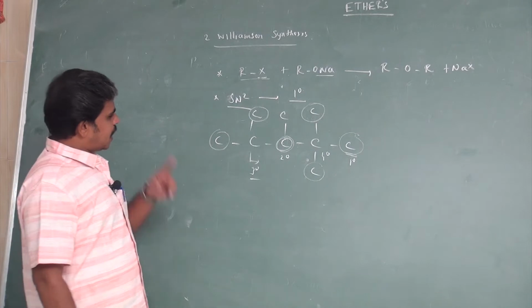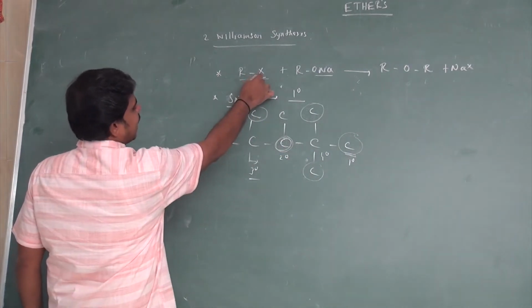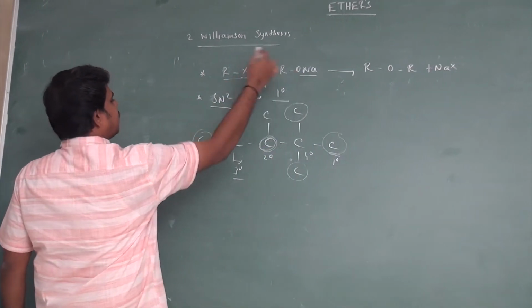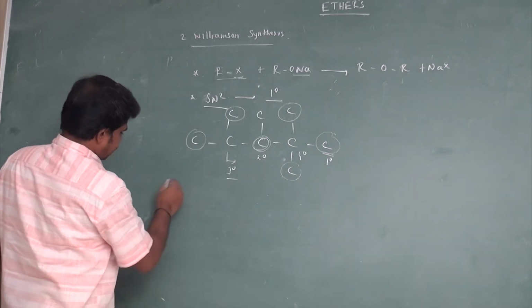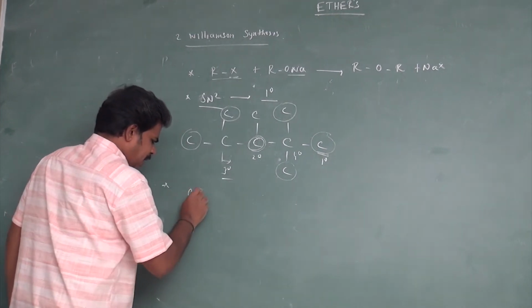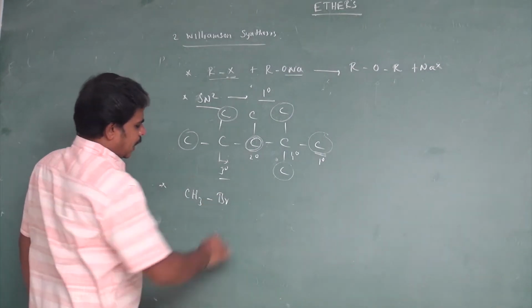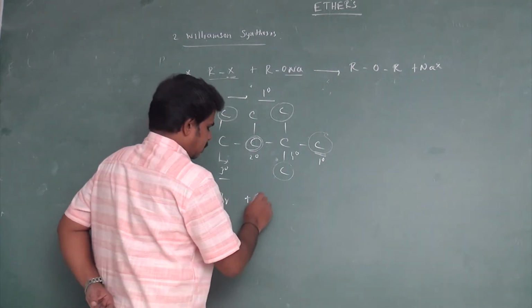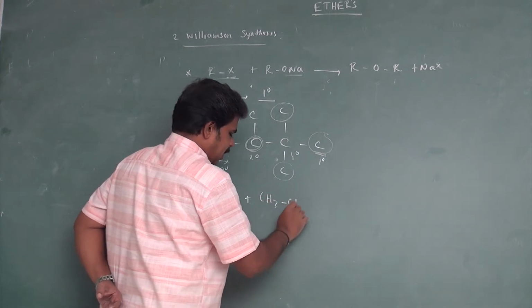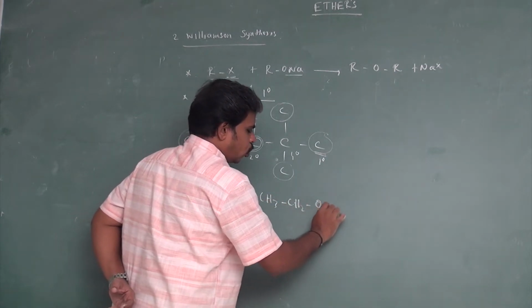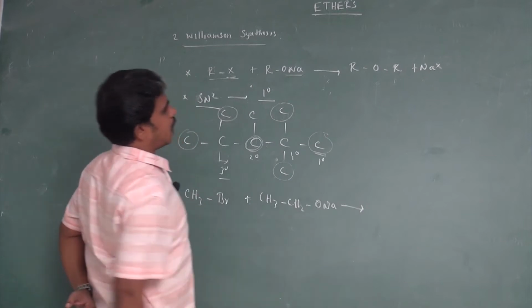Now what happens when a primary alkyl halide and a primary alkoxide are reacted? Suppose we are taking a primary alkyl halide, that is CH3Br, reacted with CH3CH2ONa. Then what is the product?